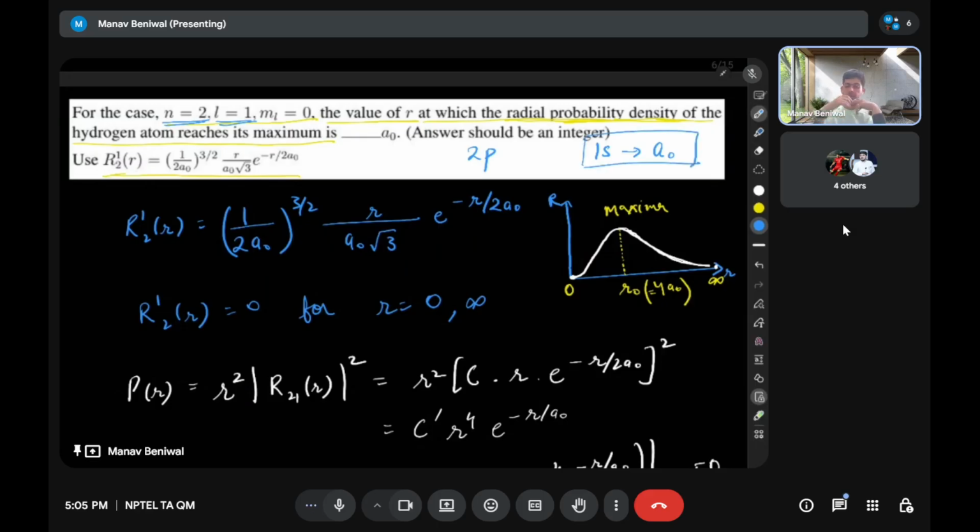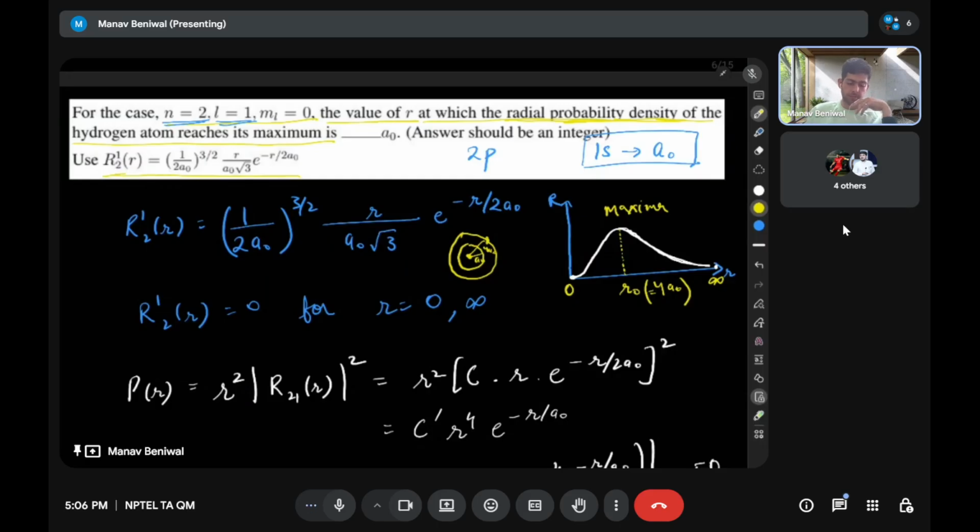Okay, 1s orbital. Let me just draw a very simplistic picture. So this is our nucleus. Let's say this is n equals 1, and this is n equals 2. So this is a naught, and then this one is coming out to be 4 a naught. So the probability of finding an electron is maximum at a distance of 4 a naught when it is in the second orbital.